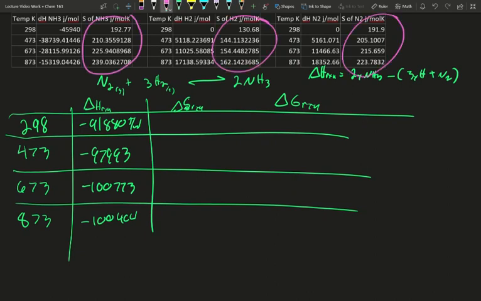For our entropy, same basic calculation, just using our entropy values. So we can find the entropy change for the reaction at 298: that is 2 times 192.77 minus 3 times 130.68 minus 191.9. Negative 198.4 joules per mole Kelvin. Do this for the whole table and we'll find the values of negative 216.7, negative 227.0, negative 232.1.